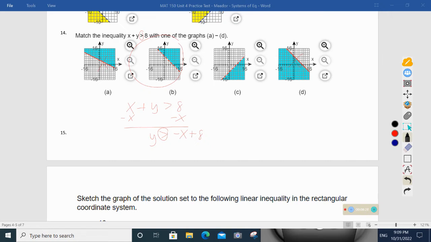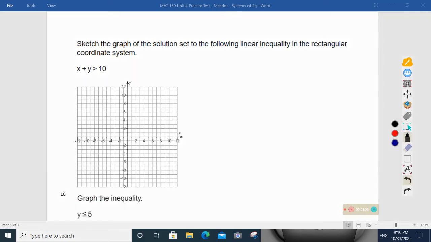All right. Question number 15. Question 15 says, sketch the graph of the solution set to the following linear inequality in the rectangular coordinate system. They could have just said graph that, but anyway, I'm going to use the intercept method on this. The intercept is when you look for x, you let y be 0.